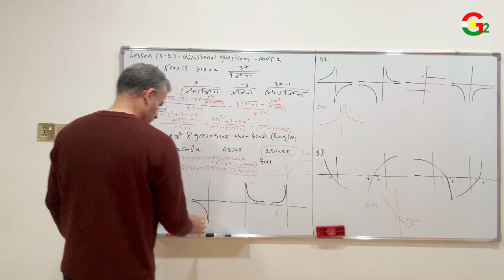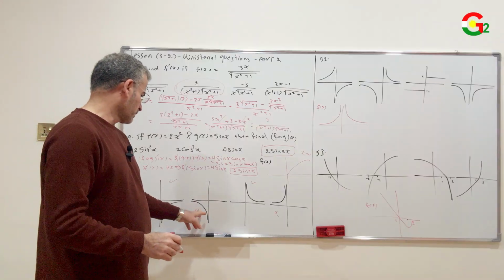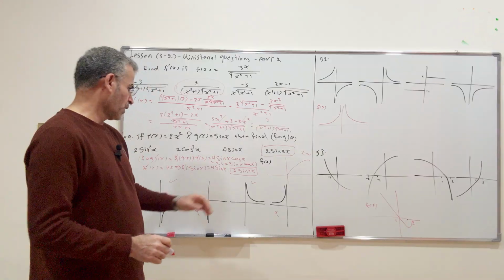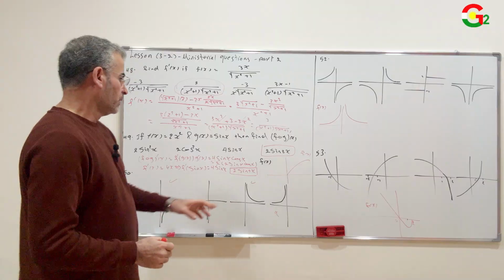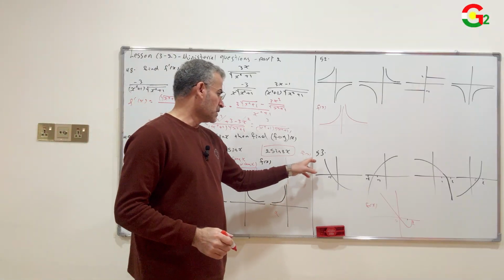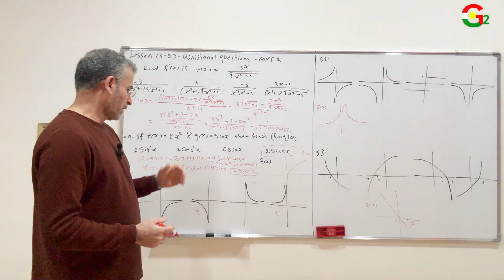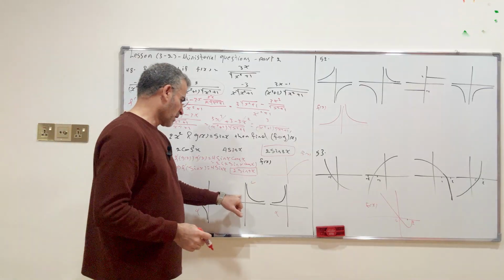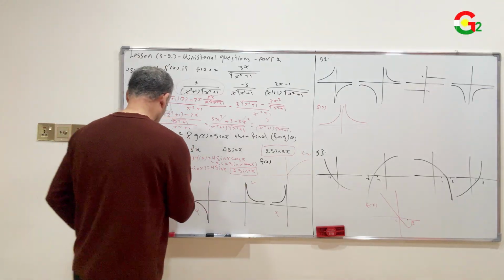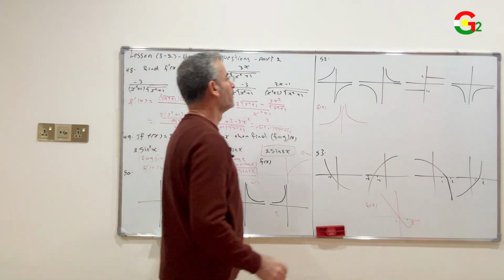For this one and B and D, it is wrong because the domain of these two functions is from negative infinity to 0, open interval. Now, the function is increasing, as you see, then the graph should be over the x-axis. The graph here is under the x-axis, the graph here is over the x-axis. So this is wrong. The right choice is C.